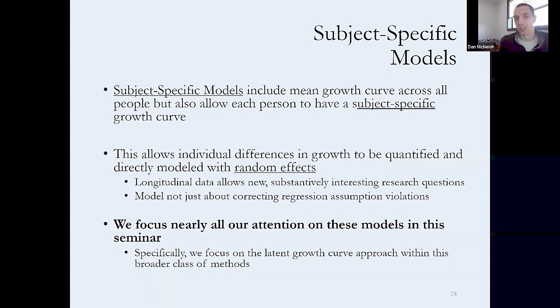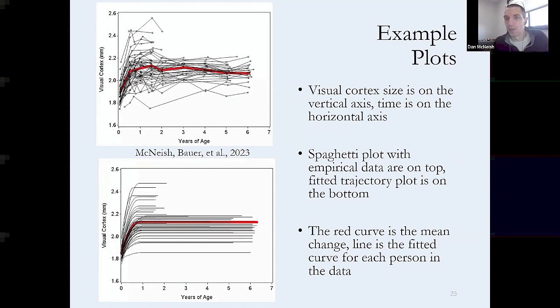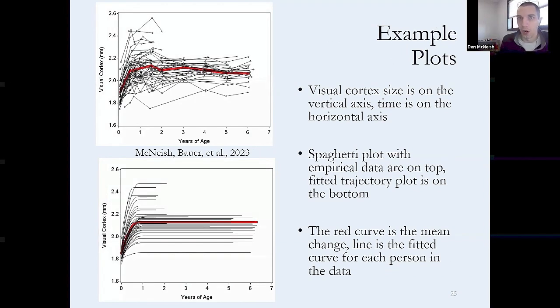And so just as a visual representation of the kinds of models and the kinds of questions we're going to see in this seminar, this is going to be a plot like this. So this is visual cortex. This is a part of the brain and how big it is as kids start to develop. On the top, we see some raw data where as kids start to age, so here they're going from 0 to about 6 years old.